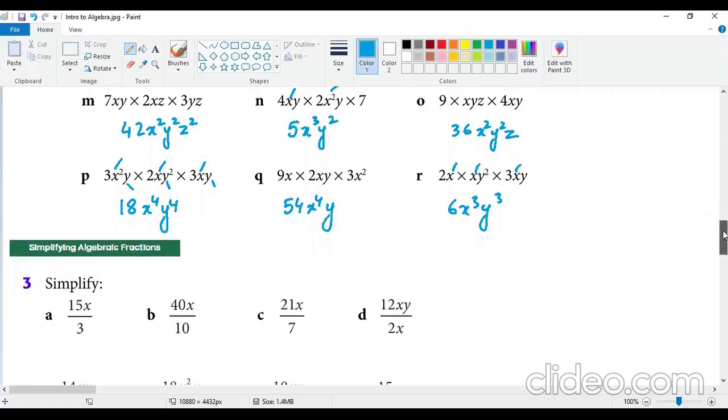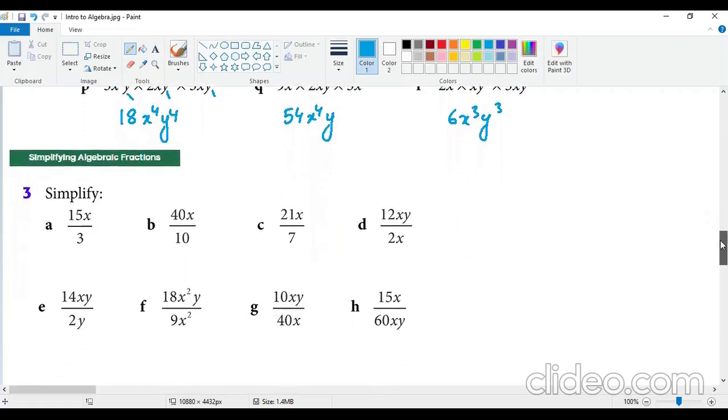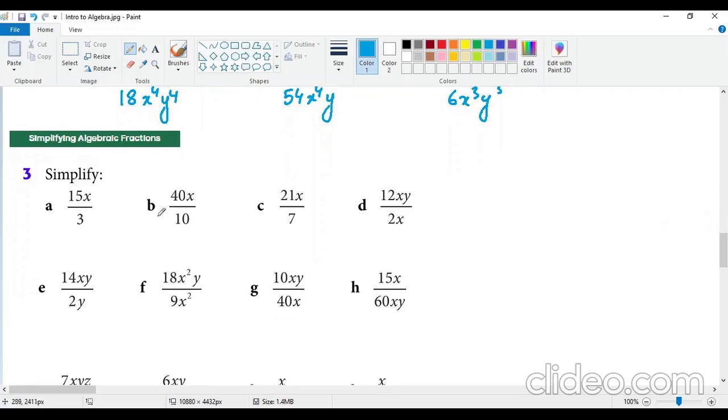Now comes division. How do you do division or dealing with algebraic fractions? Pretty simple. You just check what is the number that can divide both of them. So divided by 3, divided by 3 is going to give us 5 as an answer. 3 times 5 is a 15.